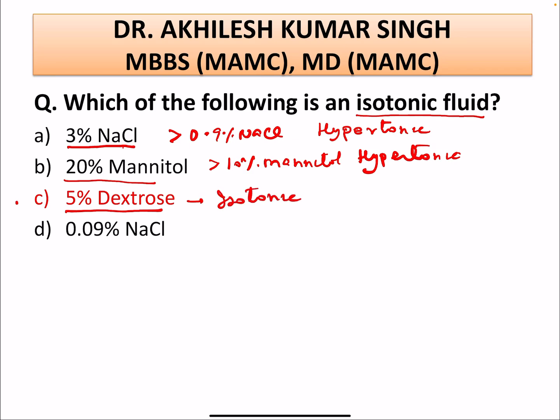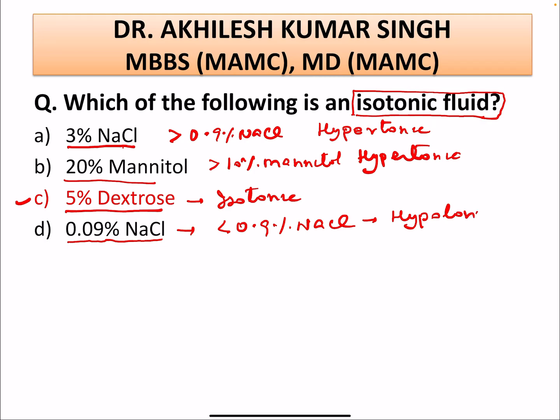So the answer will be C, because it has been asked about the isotonic fluid. 0.09% NaCl, this concentration is less than 0.9% NaCl, so it will become hypotonic. So which of the following is an isotonic fluid? The answer will be C, that is 5% dextrose.